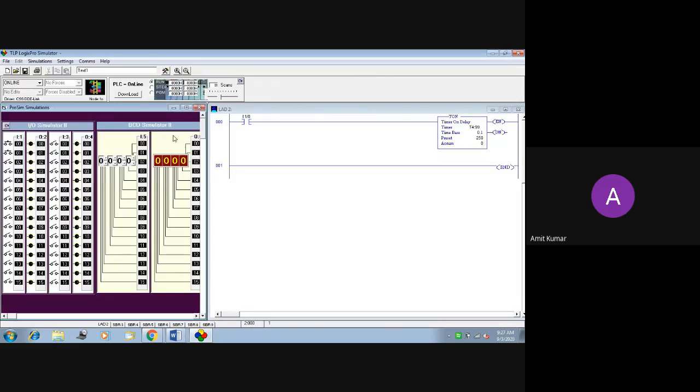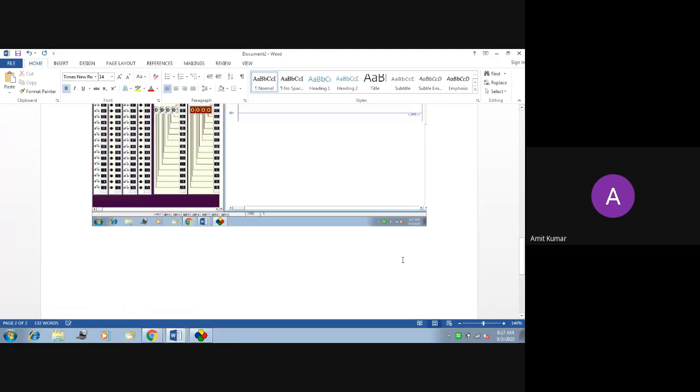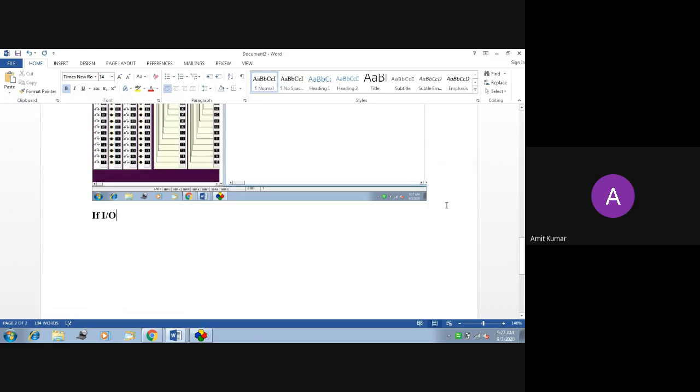So you can add this example, and then you can explain it.